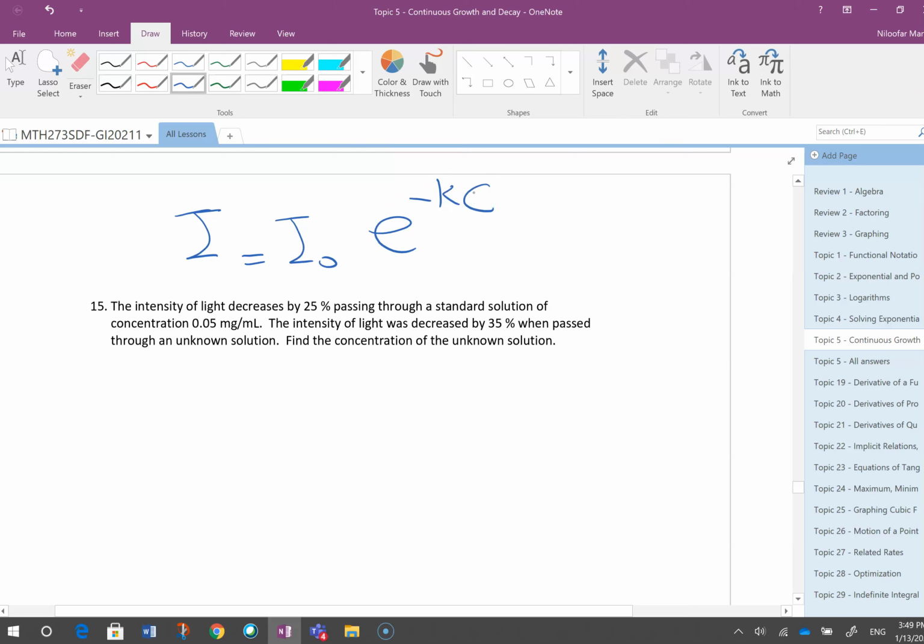I0 is the intensity at the beginning, and I is just the intensity after. C here is the concentration that we use, and k is the rate.